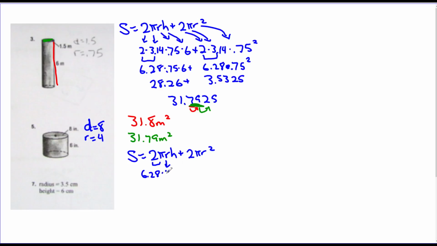So it's going to be 6.28 times 4. And then our height is 6 plus 2 pi, which is still 6.28. And then radius is 4 again, so that's 4 squared. And then you put that in your calculator. Okay? And I trust that you have a functioning calculator that can do that work.